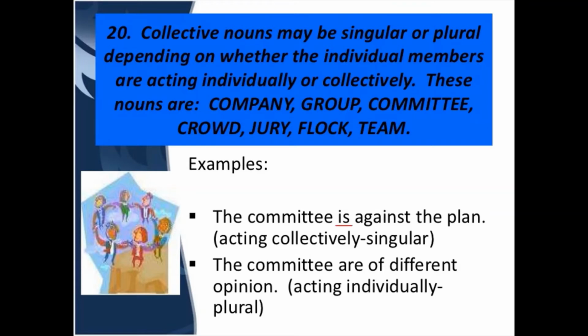The subject in the sentence is committee. It is a collective noun. The verb is is used because the subject committee is acting as one. The members of the committee have come up with one plan. That's why they act as one. So the verb must be is.